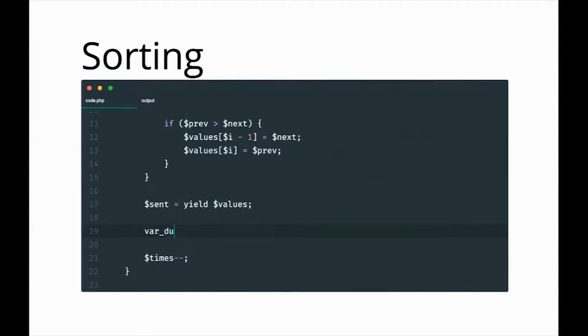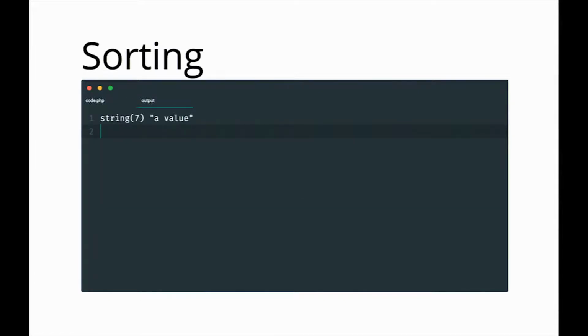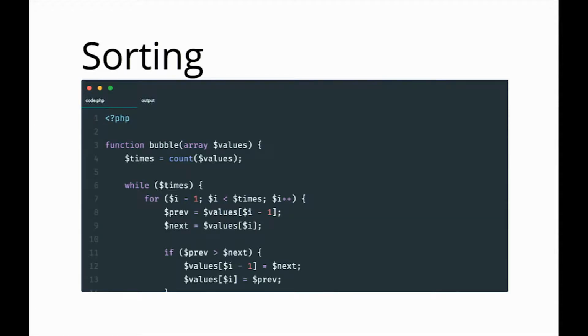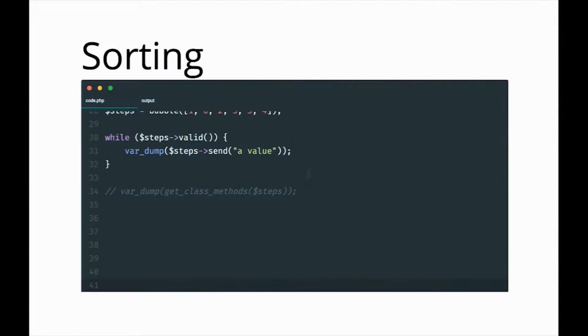Let's var dump this. Now we're only going to see one iteration, but what we're hoping to see is the value we sent in. So we can send values in. We can also throw exceptions in. So I'll just take this code.